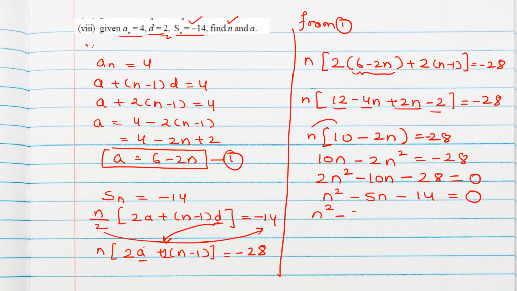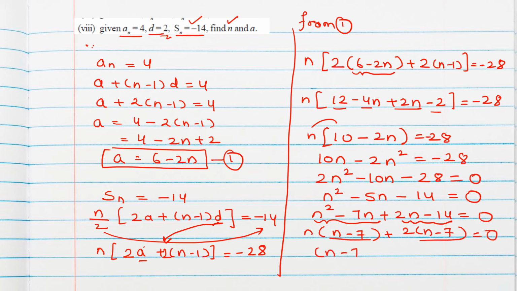So we can write minus 7n plus 2n minus 14. From the first two terms we can take n common, and here we can take 2 common. Now (n minus 7) is common: (n minus 7)(n plus 2) equal to 0.